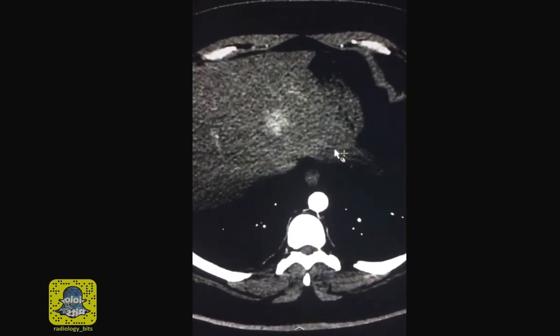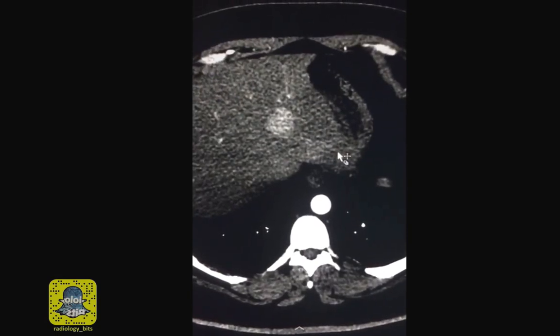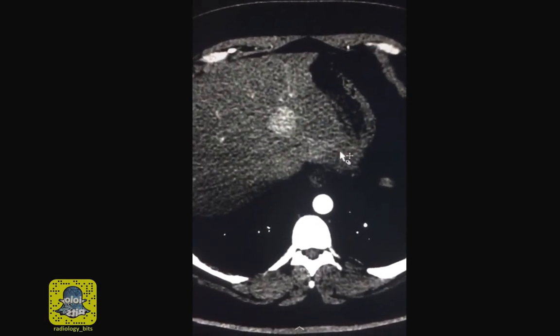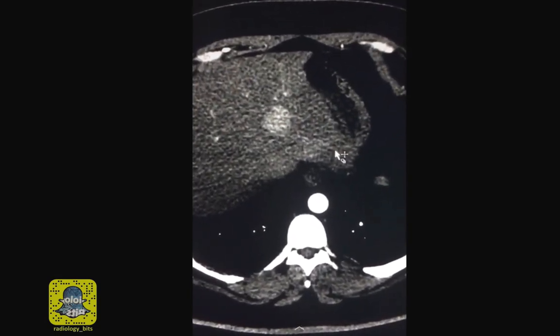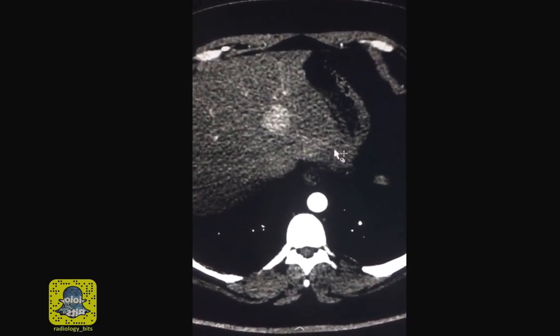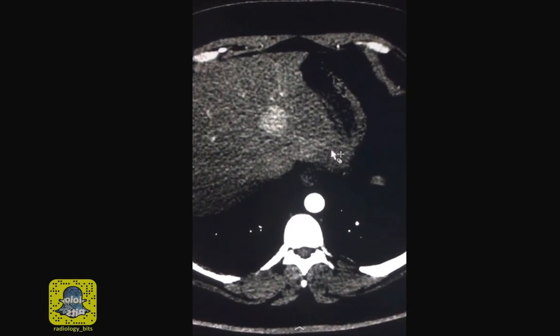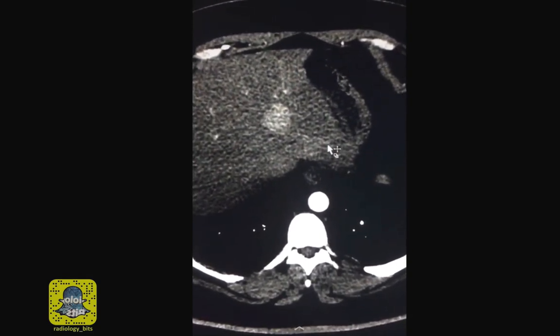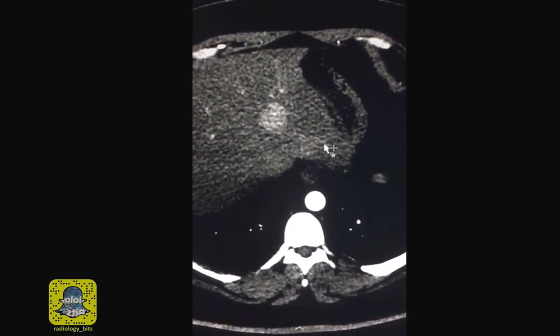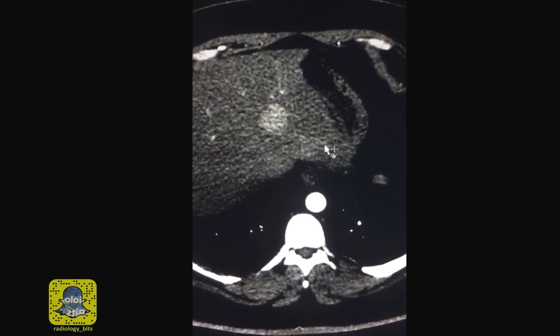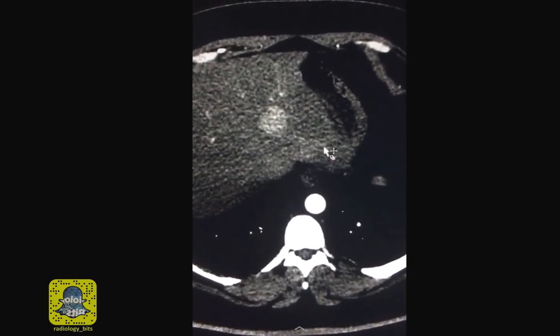Third, we talked about the differential diagnosis of a hypervascular hepatic lesion. This includes hemangioma, hepatocellular carcinoma, fibrolamellar carcinoma, adenoma, metastasis, and FNH. Fourth, to be able to differentiate those, you're going to look at the enhancement pattern and the density or intensity on CT or MRI.